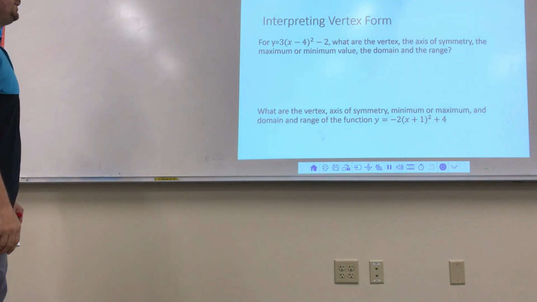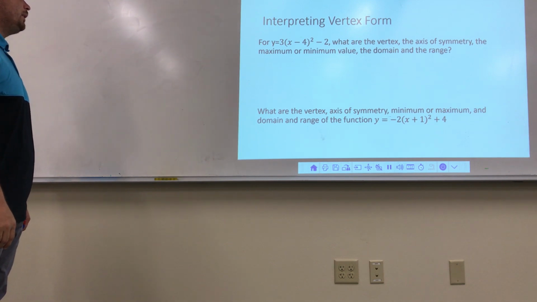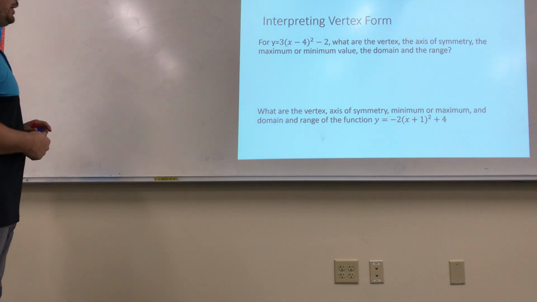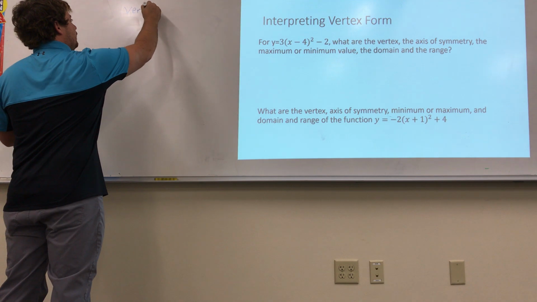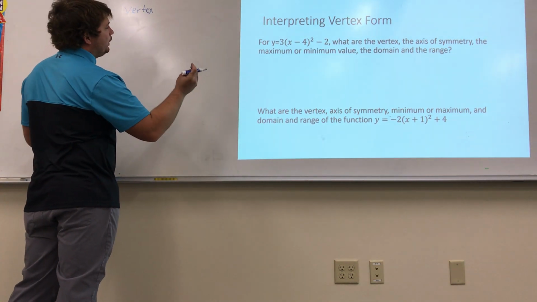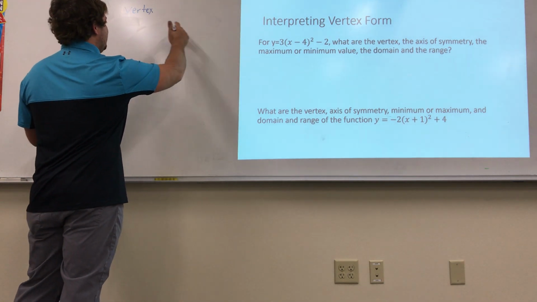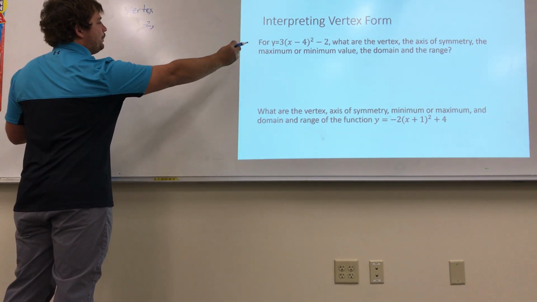Alright, interpret this. Vertex form for y equals 3(x minus 4) to the second minus 2. What is the vertex? First off, let's find the vertex. My y value is going to change based off of what is k? Well, it's minus 2. So my y value is going to be minus 2. Okay?